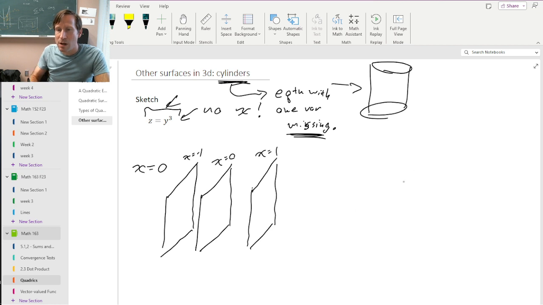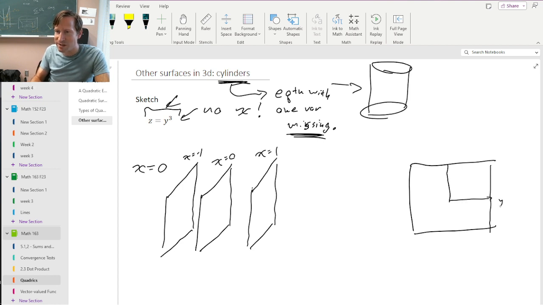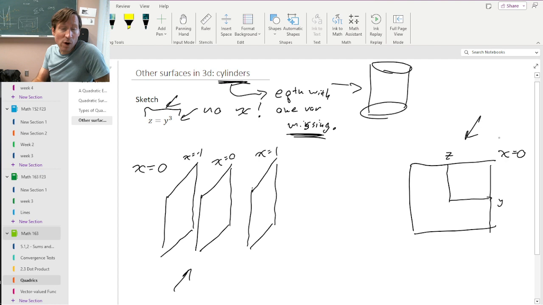To do that, for the x equals 0 plane, let's turn the plane so that we're looking at it head on. Now this is the y direction, this is the z direction, and this is the plane x equals 0. We don't have an x-axis because we pulled out this one plane from our stack of planes here. So on this yz plane, we can just graph this.